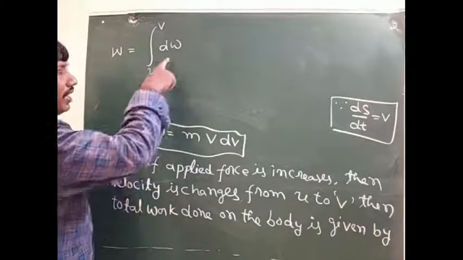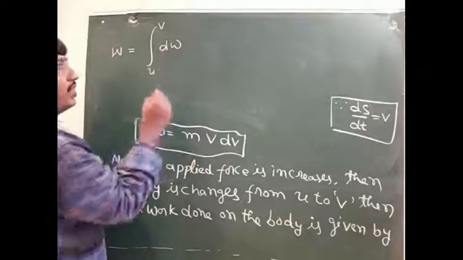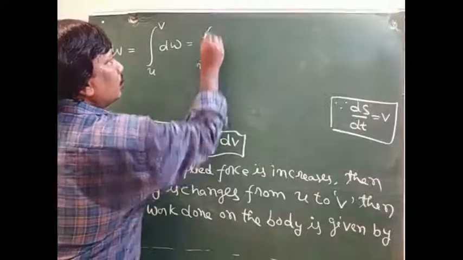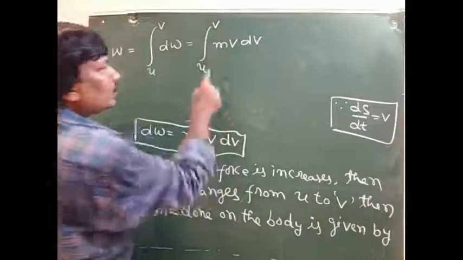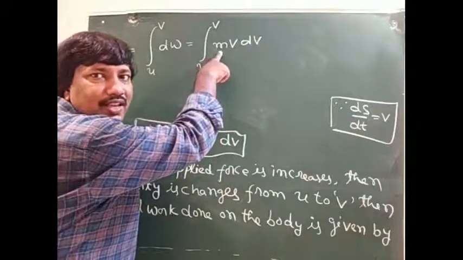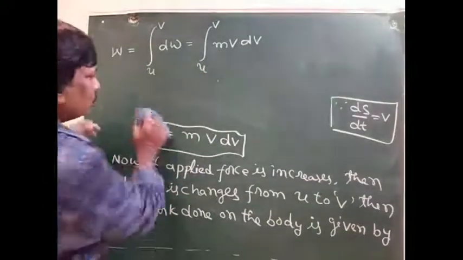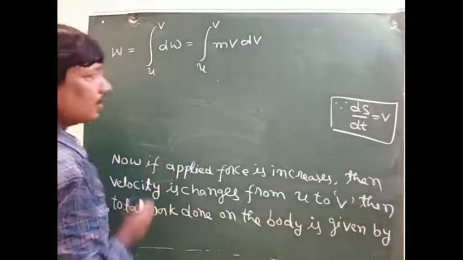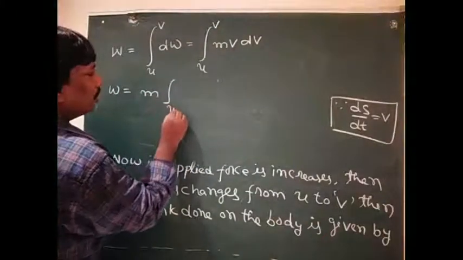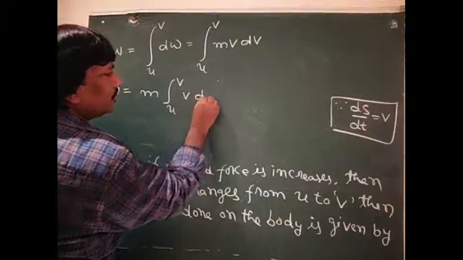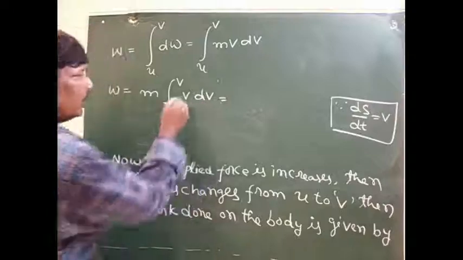Now dW means mv dv, which is substituted in the above equation: integral from u to v of mv dv. Here m, the mass of the body, is constant, so no integration is applied on m. Therefore W equals m into the integral from u to v of v dv.